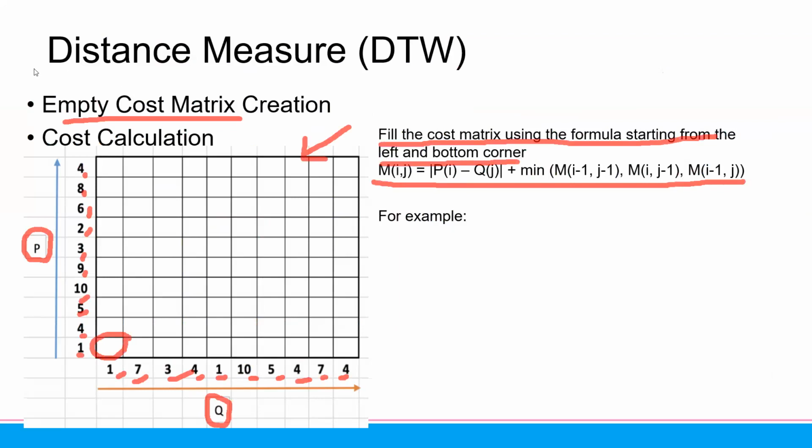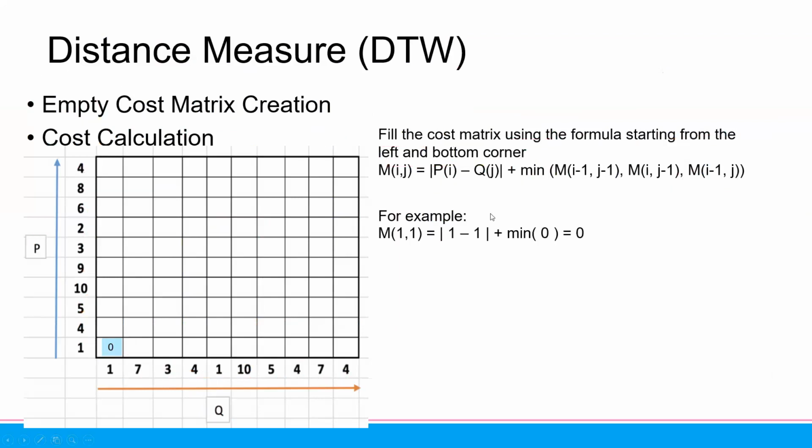So what is this formula? Let's see one by one. The first, we have M1,1. 1,1 means it is the P position 1 and then Q position 1. The P1, the value is 1, and the Q1, the value is also 1.